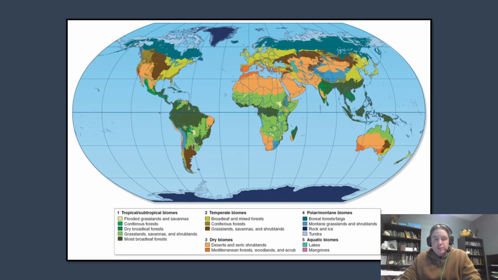So in West Virginia, we might describe in general a deciduous forest as being throughout a large proportion of West Virginia the primary type of climax community, something like broadleaf deciduous forest.